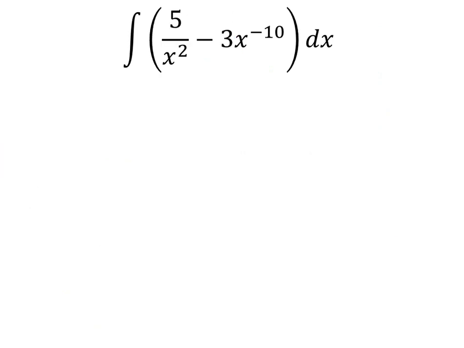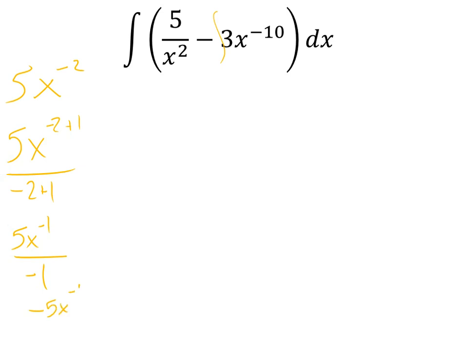All right. Now let's look at this one. We're going to take the integral of everything separately. This would be 5x to the -2. The integral of that would be 5x to the -2 plus 1 all over -2 plus 1, which would be a -1 on the bottom with 5x to the -1, which would be -5x^-1.